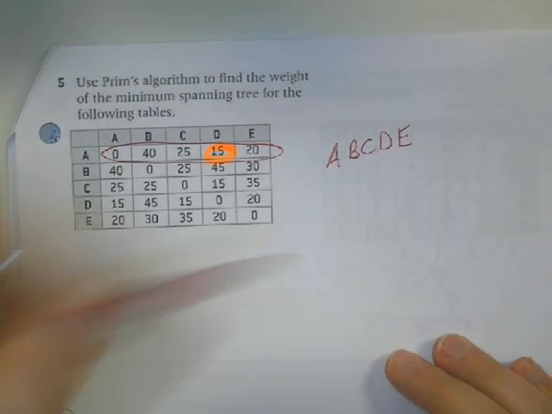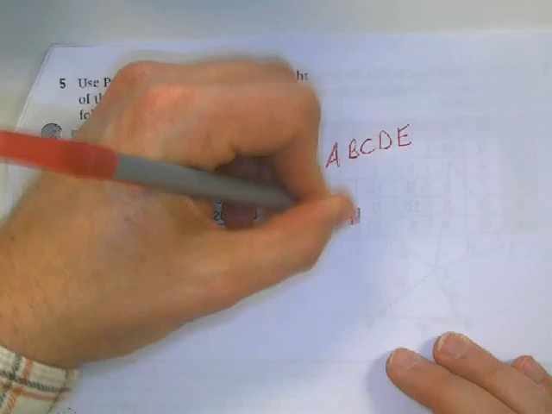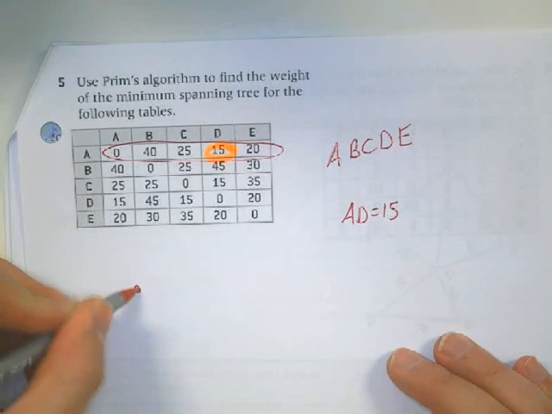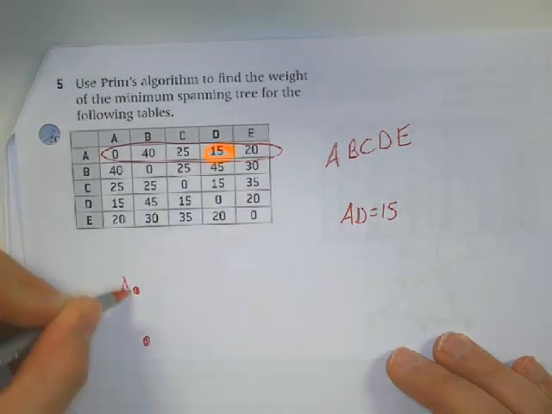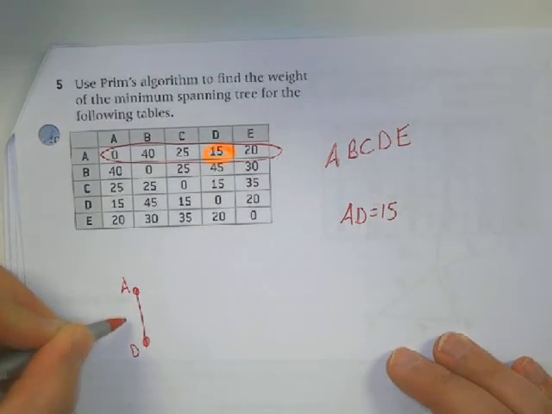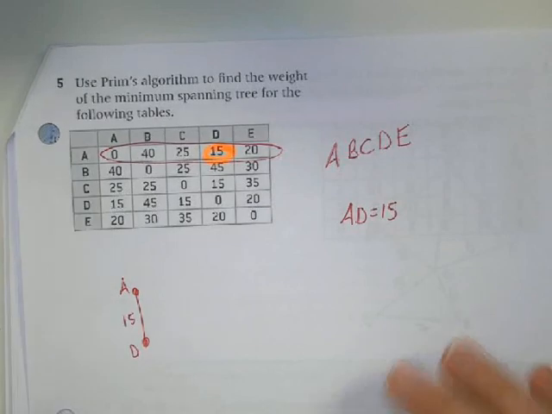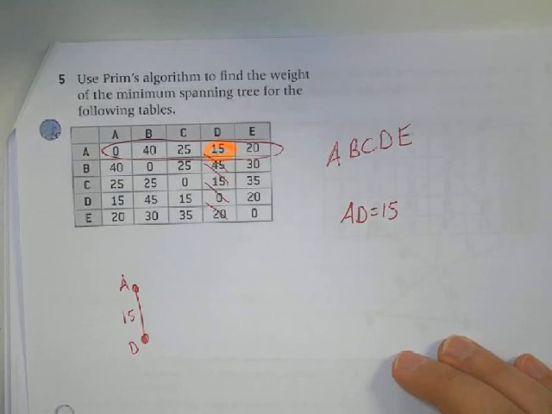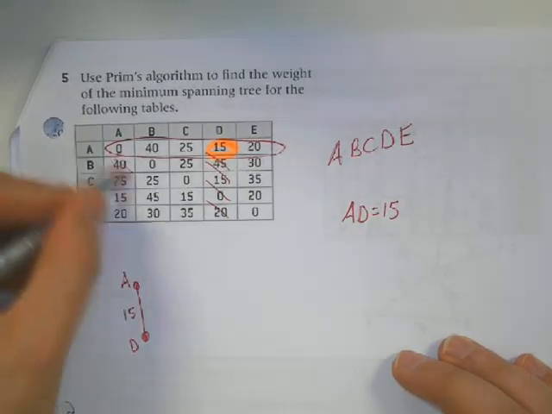So we know AD equals 15. I'm going to draw a line from A to D, 15. Okay, I can cross out this. All right, and I can cross out A.